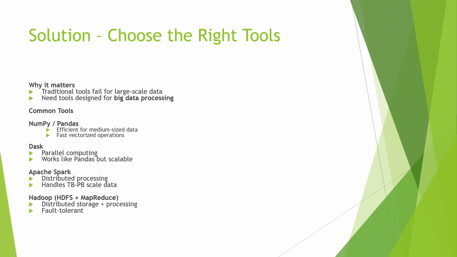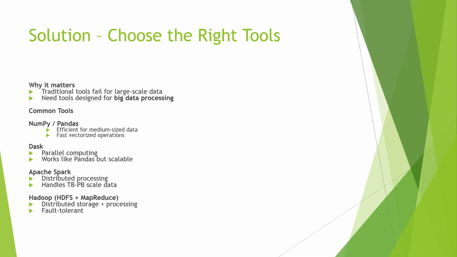However, when the data grows larger and cannot fit into memory, tools like Dask become useful as they enable parallel computing while maintaining a similar interface to pandas. For even larger datasets at the petabyte or terabyte scale, Apache Spark provides a powerful distributed processing framework that can handle data across multiple machines efficiently.